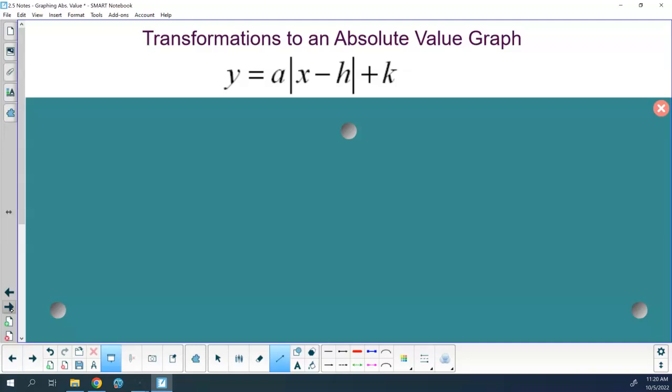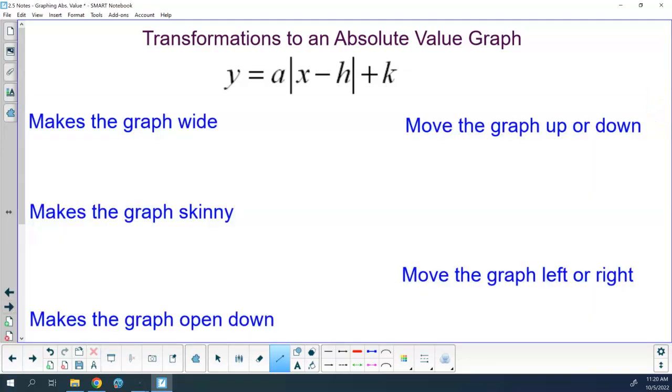We can move it left or right. We can make it really skinny. We can make it really wide. Or we can flip it over. Or we can do multiple combinations of those things. Okay? So all of that happens based off of those 3 letters, a, h, and k.